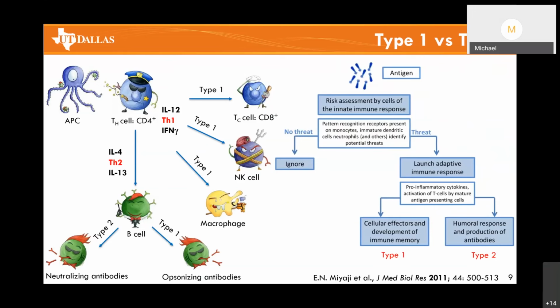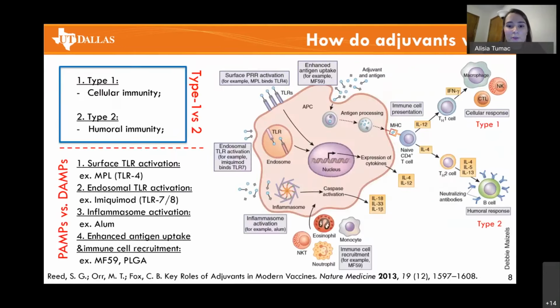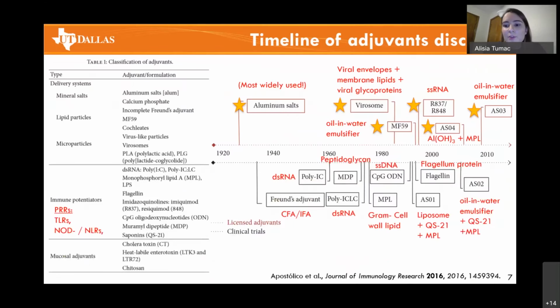Yeah, that's why I think by combining two different kinds of adjuvants, they're trying to achieve that. For example, aluminum salt will give type 2, while this will give a type 1 or something. They're trying to combine two different adjuvants that will produce both types of immune response.